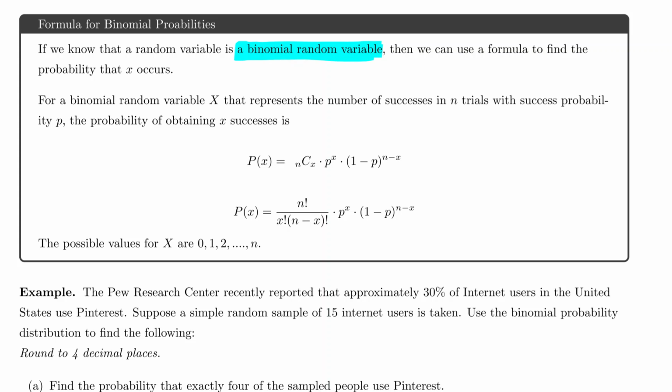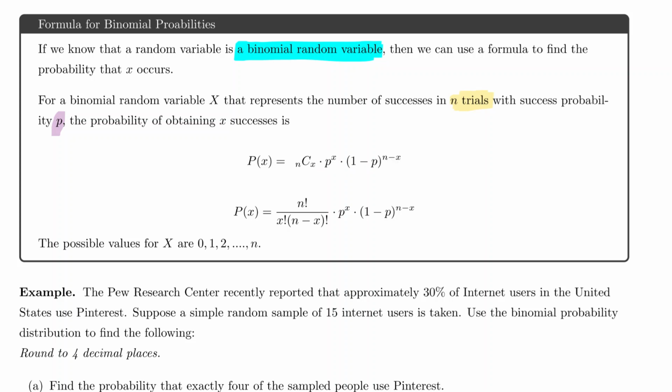For a binomial variable that represents the number of successes in n trials, with success probability of p, the probability of obtaining x successes is P(X = x) equals n choose x, times the probability of success raised to x, times 1 minus p raised to n minus x.